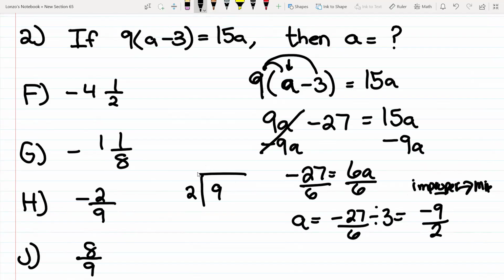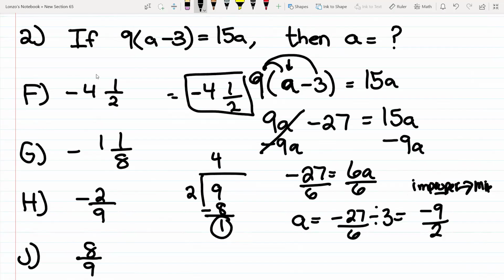How many times does 2 go into 9? Four times, right? Four times two is eight, and then you have a remainder of one. So it's going to be equal to negative four and one over two. Letter F.